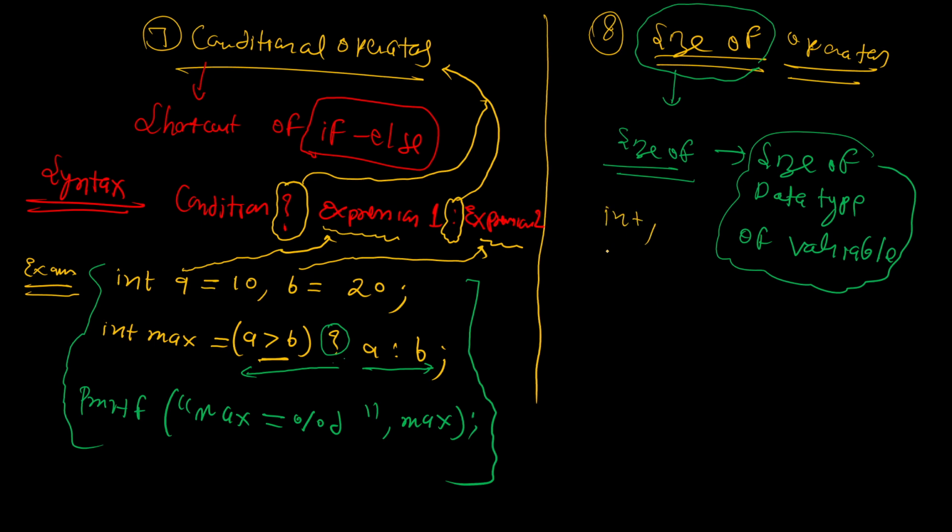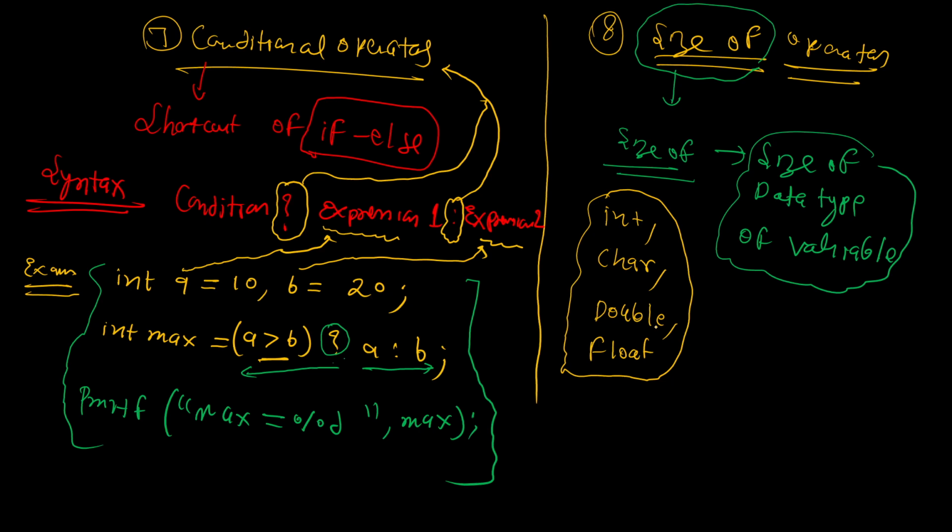Say you don't remember the size of char, double and float. Suppose you don't remember the size of integer, char, double and float. What you will use is the sizeof operator, and you can easily find out the size of these data types. Let's see one example.